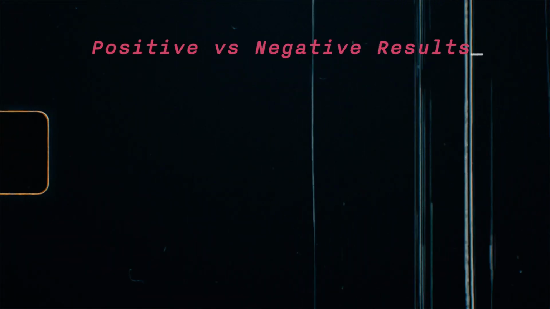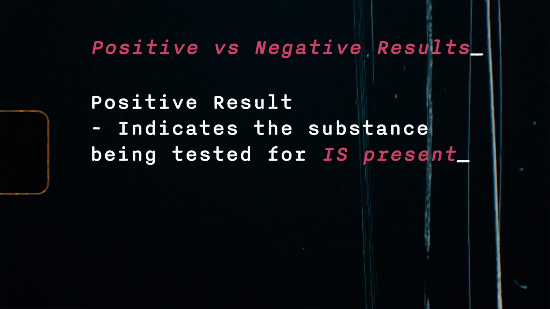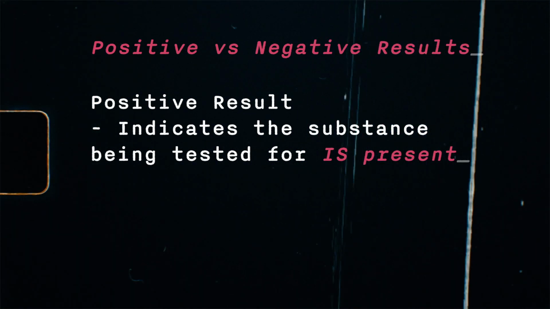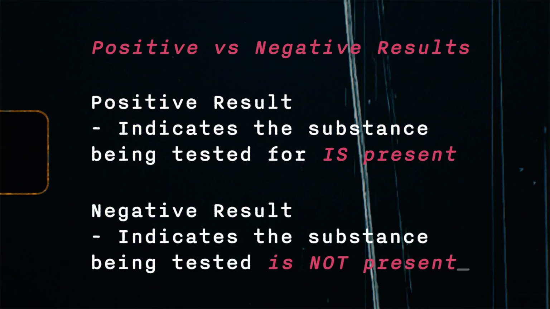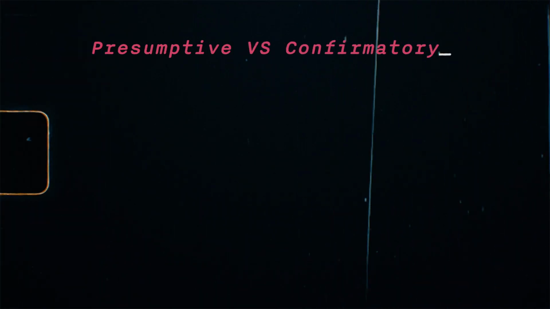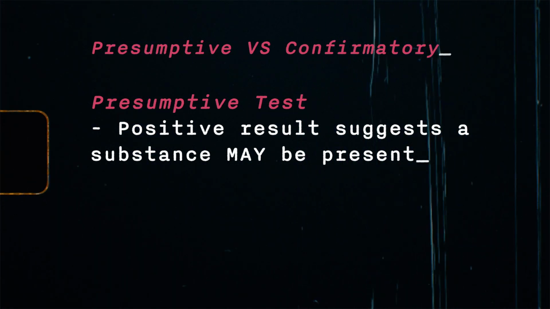Positive and negative results. A positive result indicates that the substance being tested is present. A negative result means that the substance is not present. We also have presumptive versus confirmatory tests. Presumptive tests are preliminary screening tests.